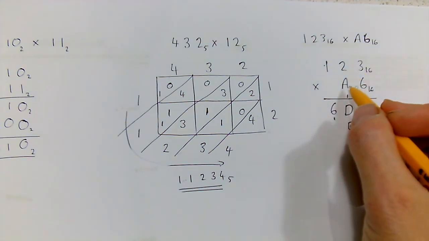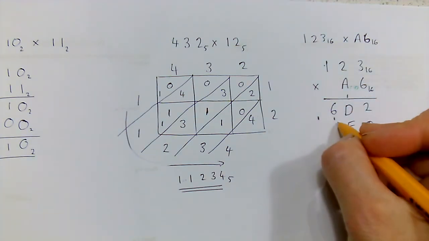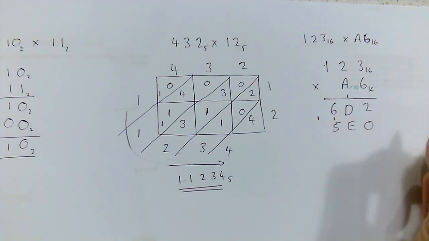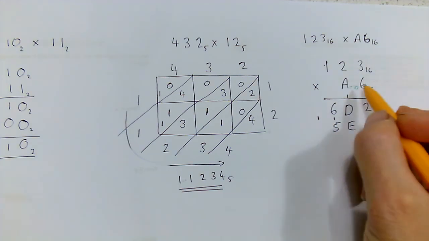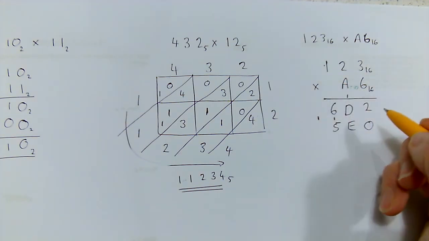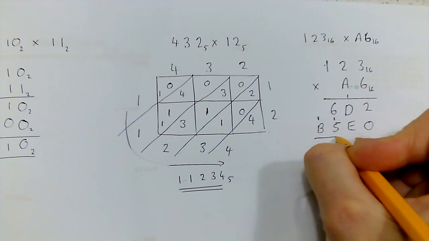Okay, so that will give us 20. 20 is 16 plus 4. So I'll put a 16 there. And we're adding 4 to the 1 here. So that's 5. Okay. And now we're doing A, which is 10 times 1, which is 10. Which is thankfully just A, but we're adding 1, so that is B.